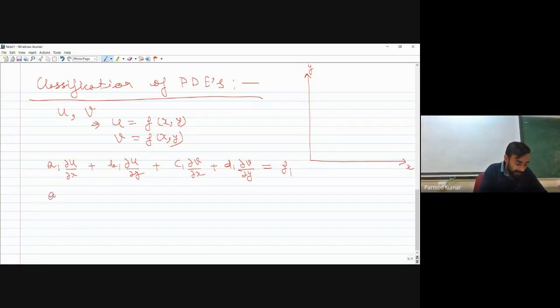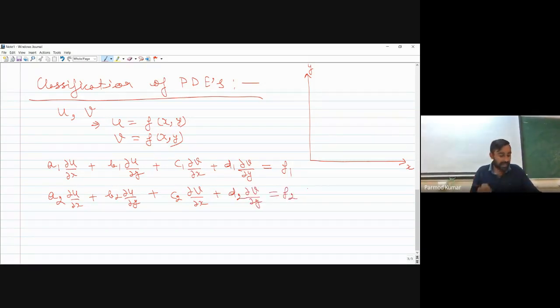Similarly, let me write another equation: A2 times del u by del x plus B2 times del u by del y plus C2 times del v by del x plus D2 times del v by del y, equal to F2. These are my two governing equations which characterize the flow field we are considering.